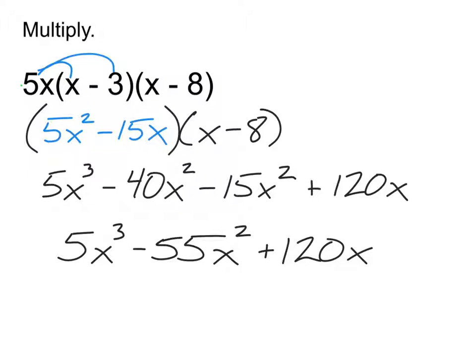Now, a couple little detail-y things just to answer possible questions that might be out there. What if we had done it in a different order? What if, instead of starting by multiplying the 5x into the first parenthesis, could I have multiplied the 5x into the second one? Yes, I could have, although that's much less common. What if I wanted to just get those parentheses done and out of the way? Could I multiply those together first and then multiply by the 5x?